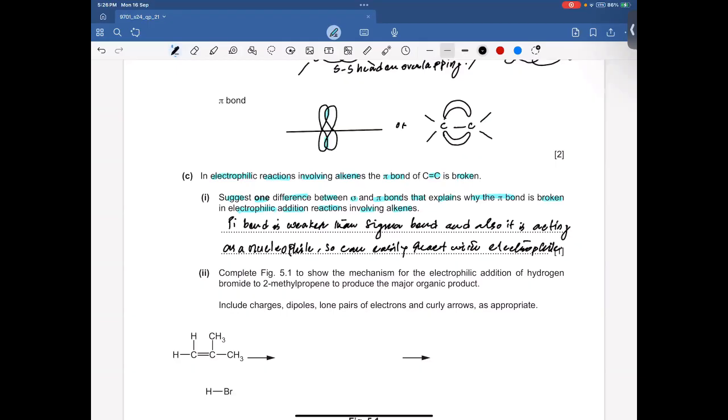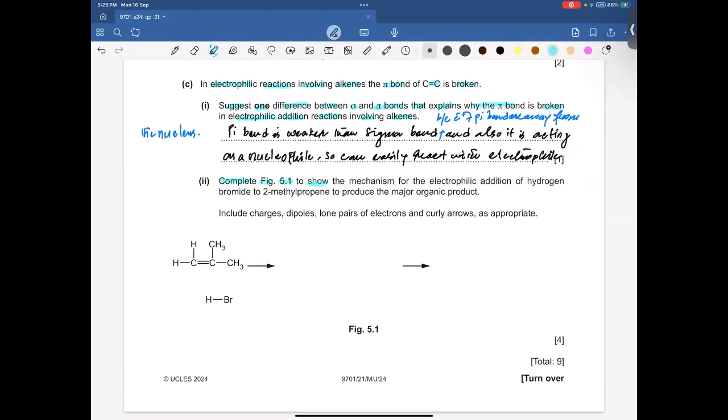I think we need to add this point also, because electrons of pi bond are away from the nucleus, then sigma bond. Okay.